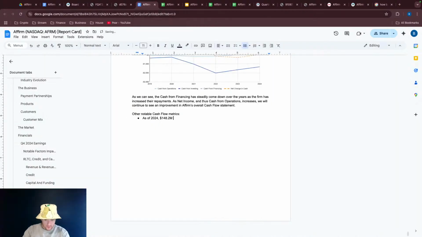$148.2 million. Depreciation and amortization.